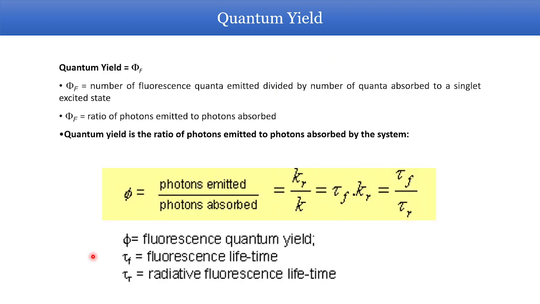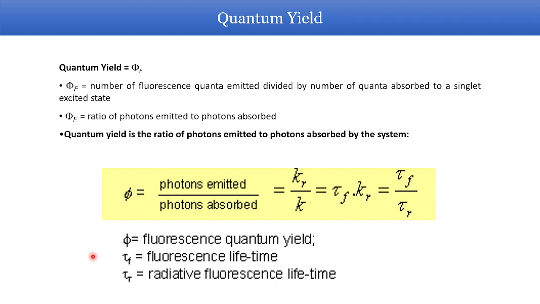Okay. The next very important term is quantum yield. Quantum yield is the number of fluorescence quanta emitted divided by the number of quanta absorbed to a singlet excited state. So quantum yield is the ratio of the photons emitted to the photons absorbed.